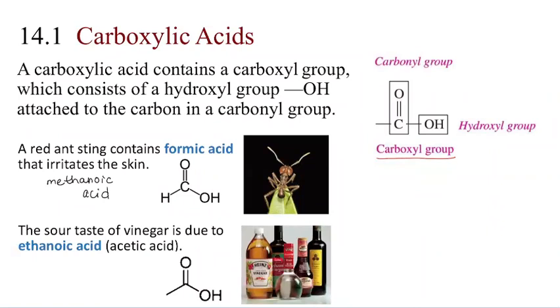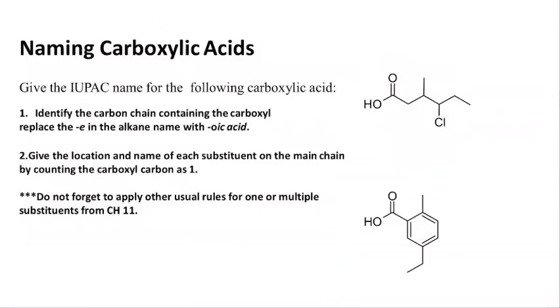So make sure that you practice. I will be posting most likely by tomorrow the answer keys for the worksheets for chapter 12, 13, and 14. So let's now explore how we name carboxylic acids.